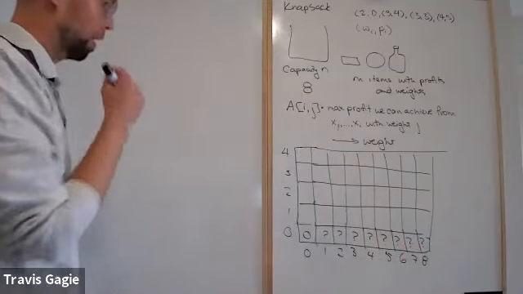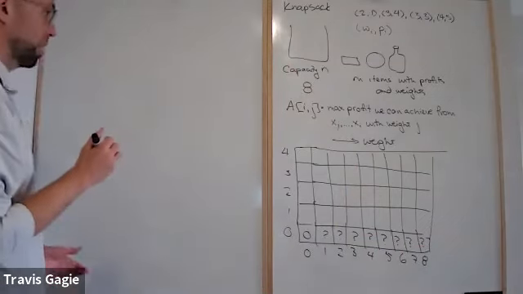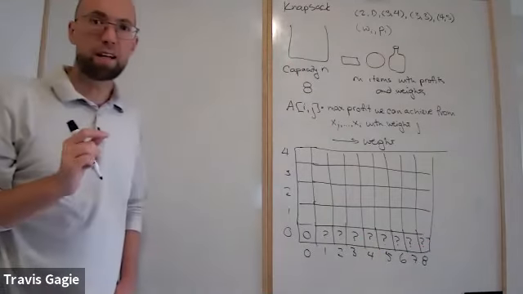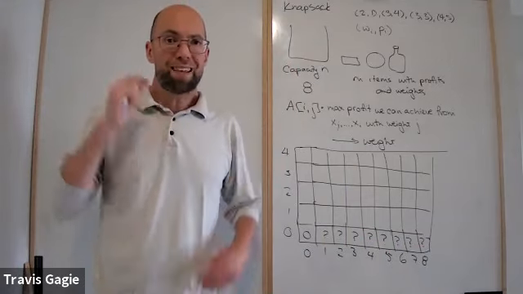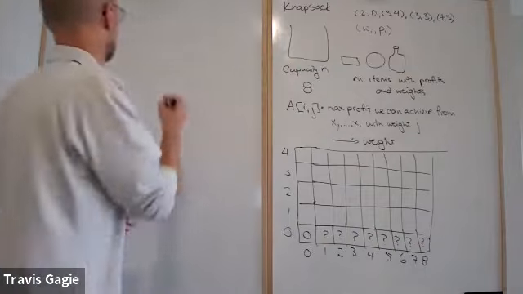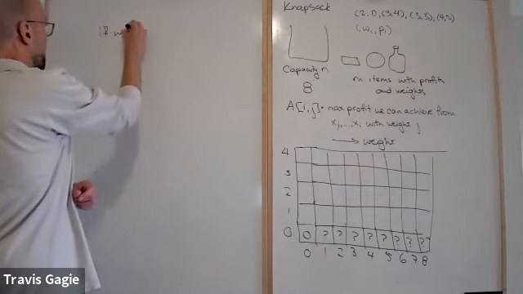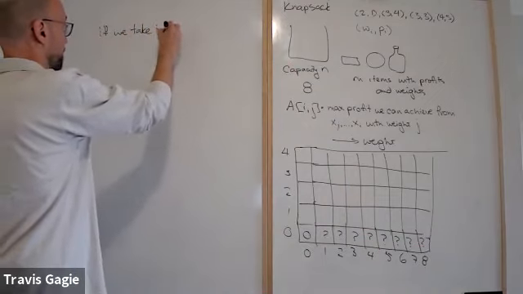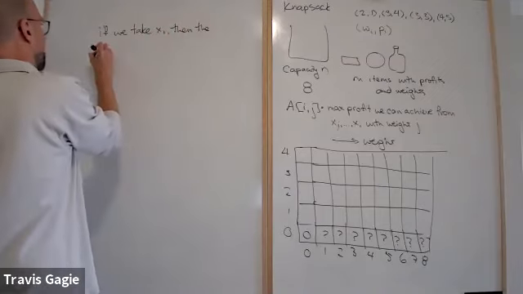Now, what we're going to want is, again, to compute Aij. Let's suppose we take xi, then the max profit we can get.